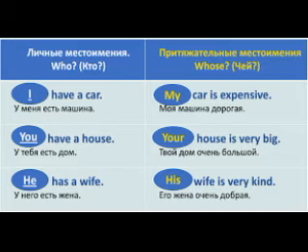You see, we put a question word or phrase in the beginning, like where, how. Then we put do or does. Do with I, we, you, they, and does with he, she, it.